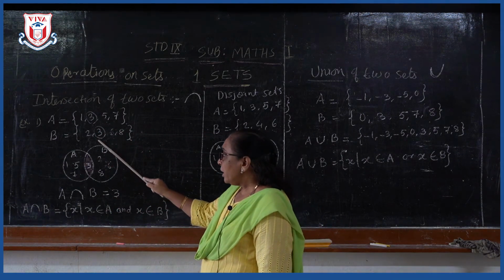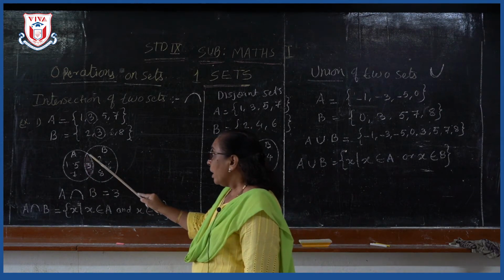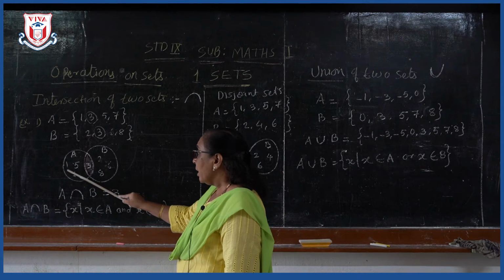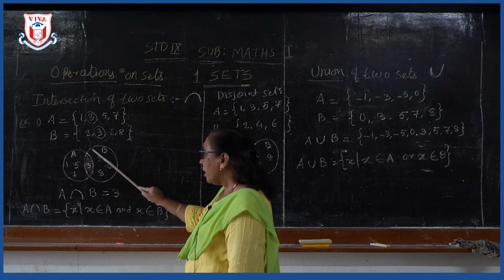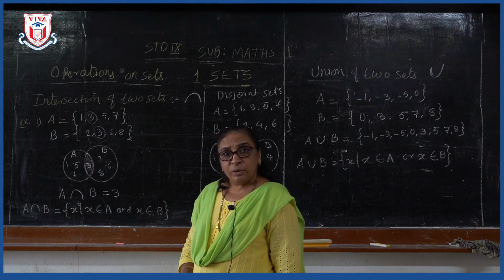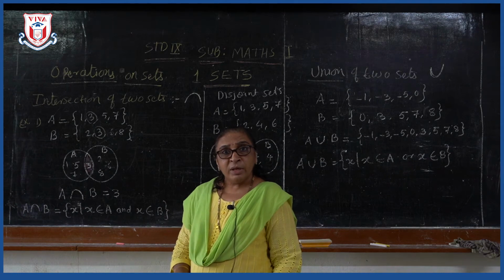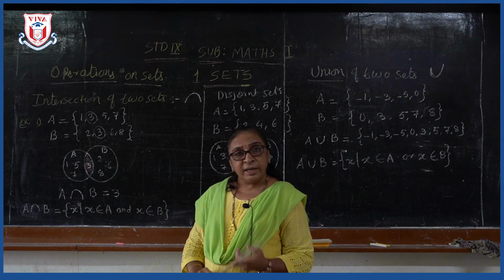Now we are writing these sets in the form of a Venn diagram. For set A one circle, for set B another circle. But as 3 is common in both, we must have some common portion. So the circles are intersecting.